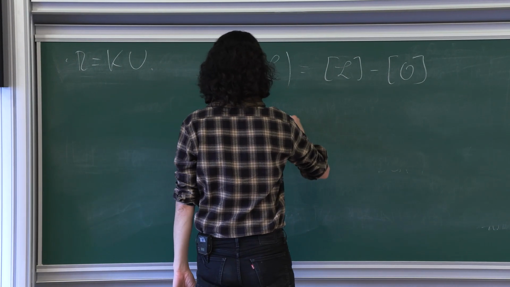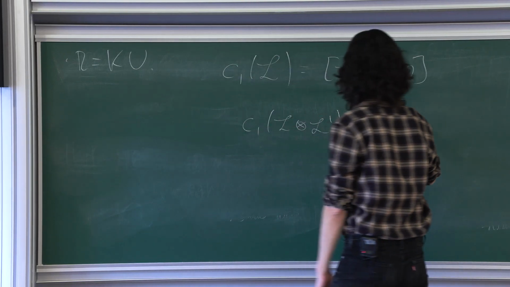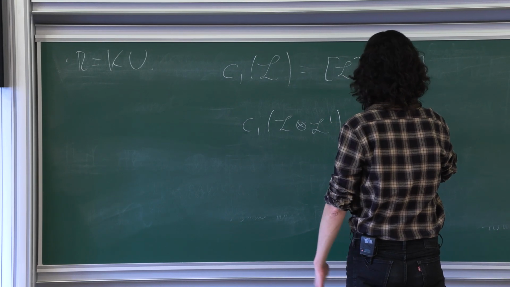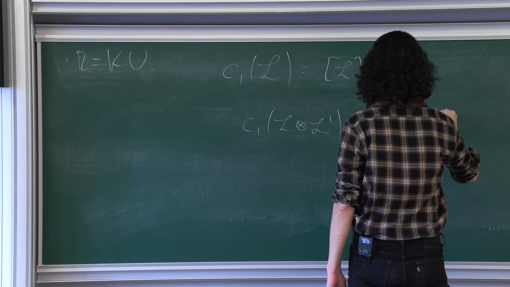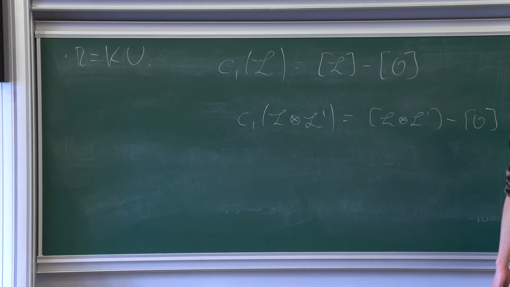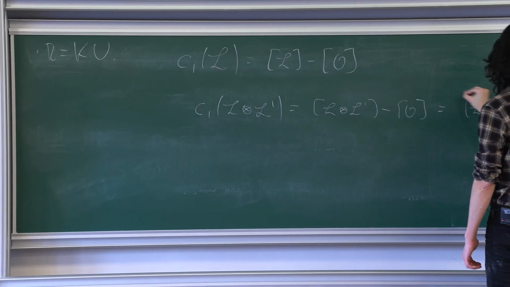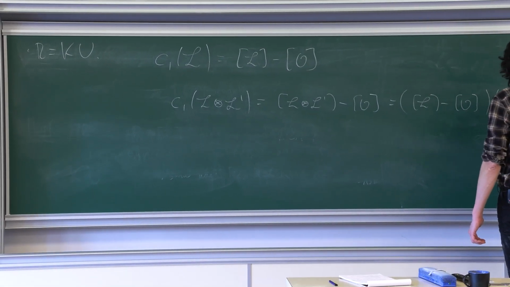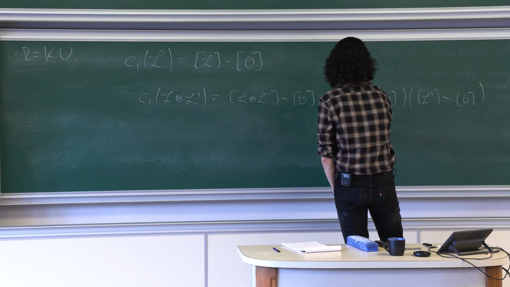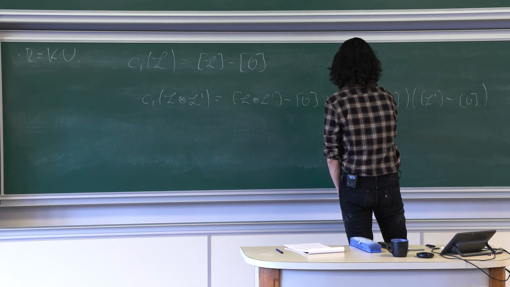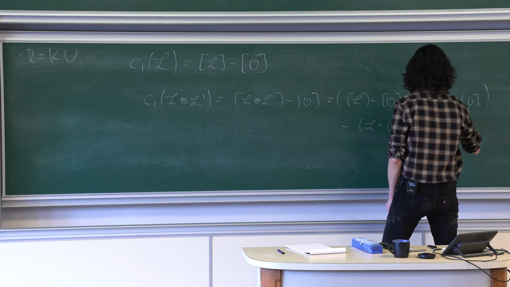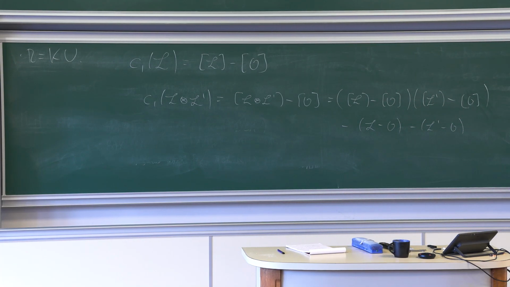And then if you do C1 of L tensor L prime, well, whatever it turns out to be, it's L tensor L prime minus O, which is the same thing as taking L minus O times L prime minus O, plus L minus O plus L prime minus O. Did I get that right?